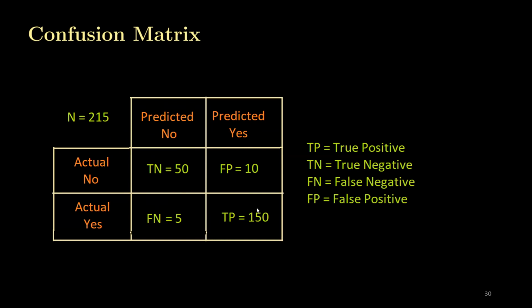True negative and true positive are those samples which are correctly classified by the model, whereas false positive and false negative are those samples which are wrongly classified by the model. Therefore, these two are called the errors of the model. False positive is also known as type 1 error, and false negative is also known as type 2 error.